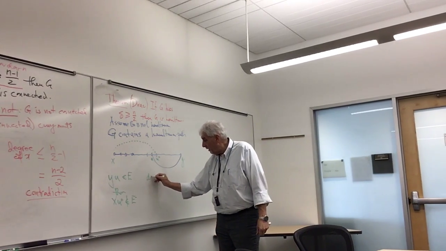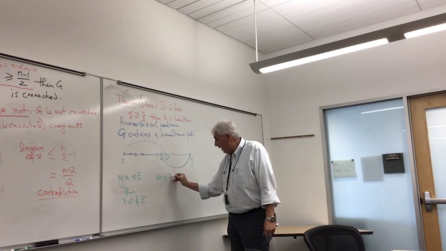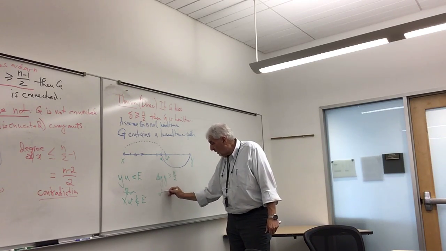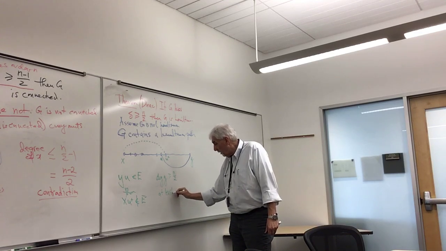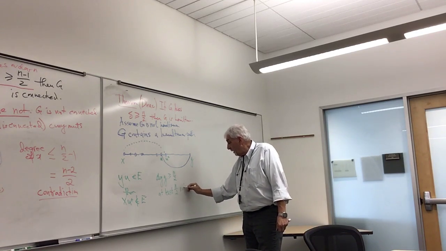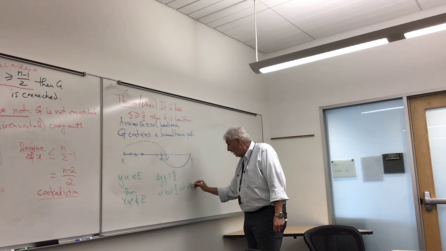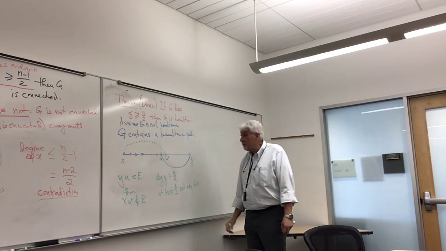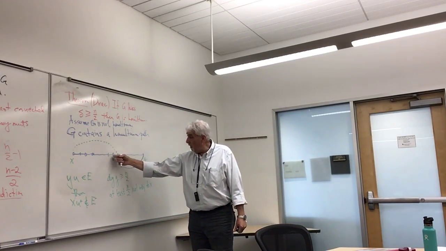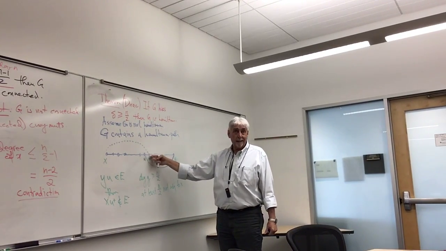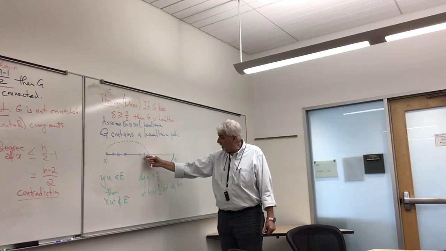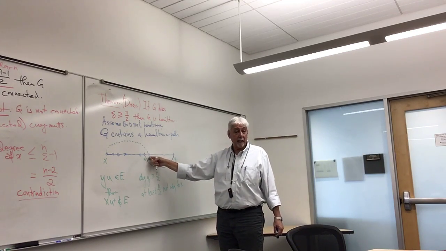The degree of y is greater than or equal to n over 2. So there are at least n over 2 vertices not adjacent to x. Okay, let's see, what are those? It's all of the successors of adjacencies of y. So every time y is adjacent to something, x is not adjacent to the next one.